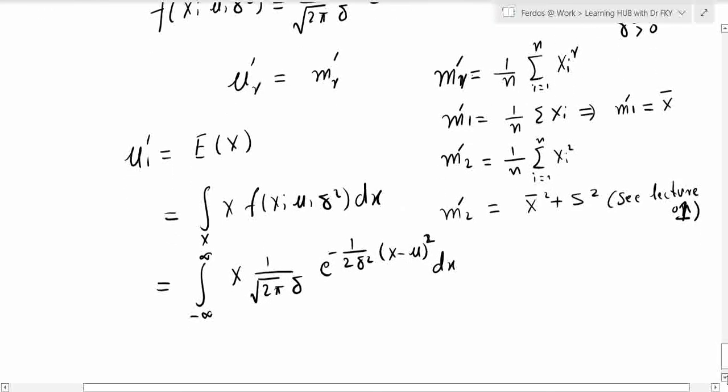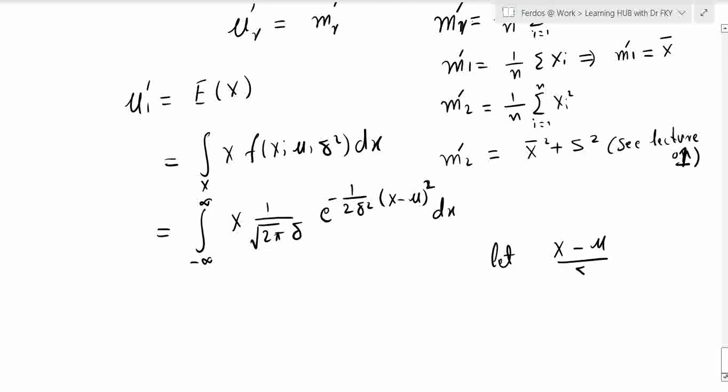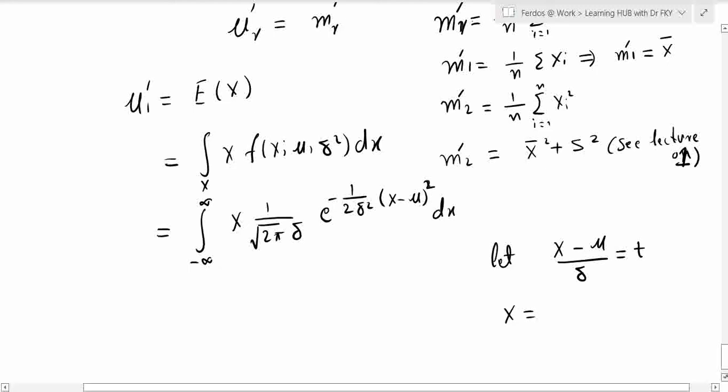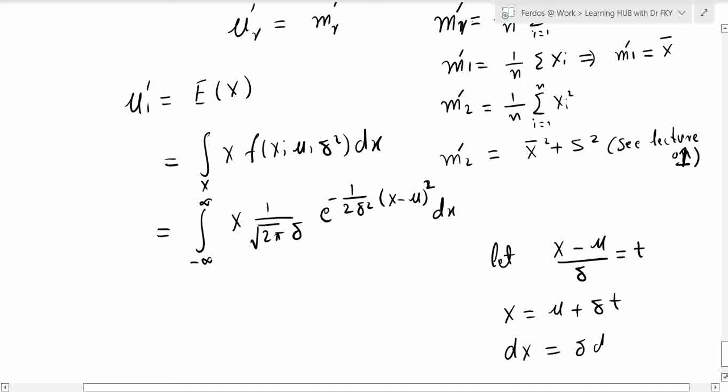Okay, now what you need to do is some substitution. Let x minus mu divided by sigma be equal to t. You can assume some other variable, it does not matter. This means that x is equal to mu plus sigma t, and this also means that dx, because we will need this as well, is equal to sigma dt.